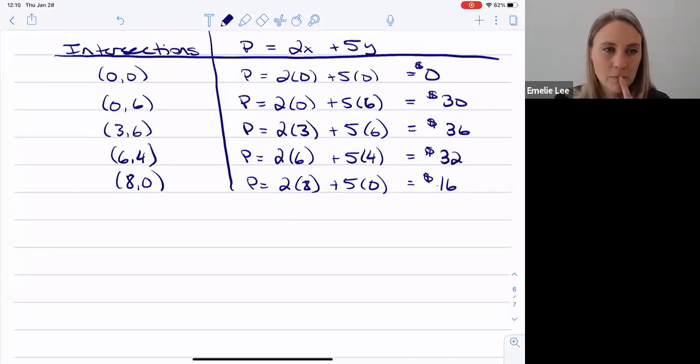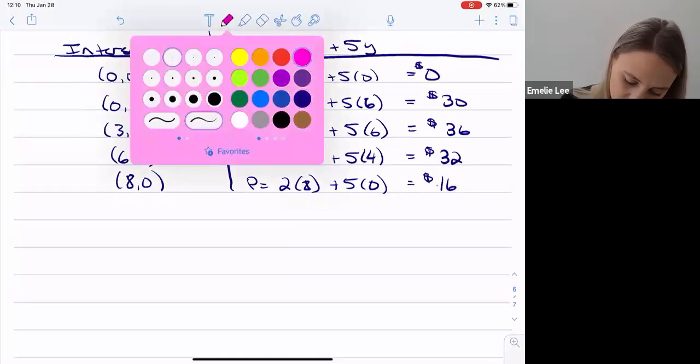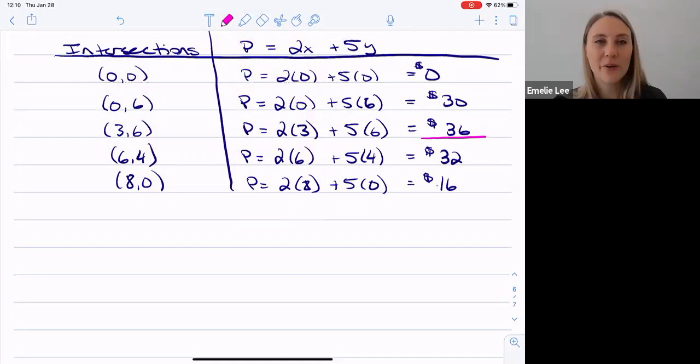Okay. Here, what we found is that our maximum value out of all of these, for example, if I asked you, hey, which one of these do you want? You would probably say 36, right? That's the largest one. So then the follow-up question would be, okay, well, what should my X and Y be?